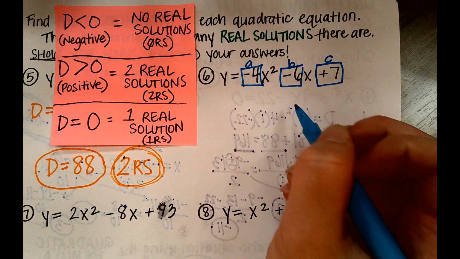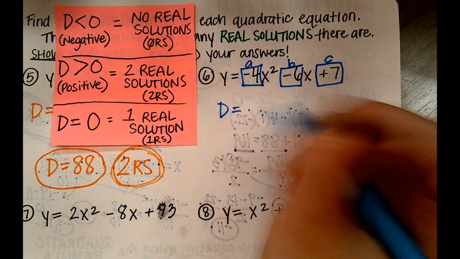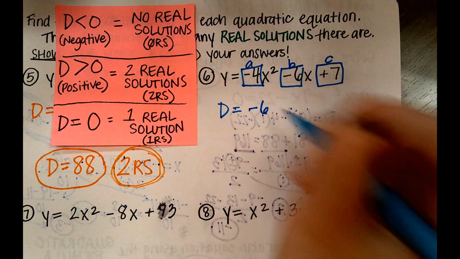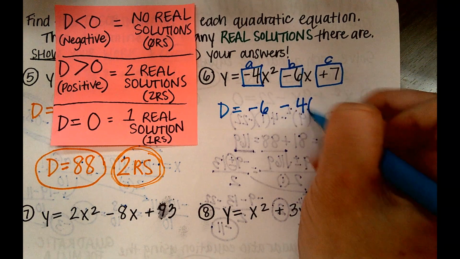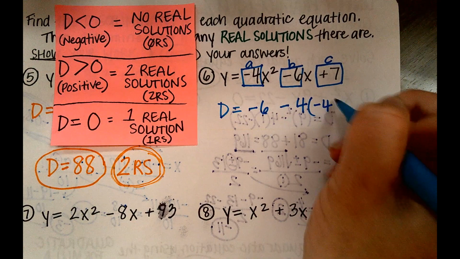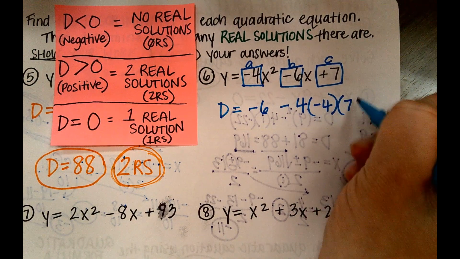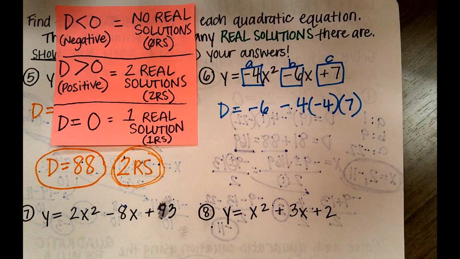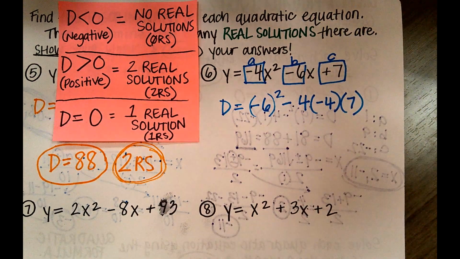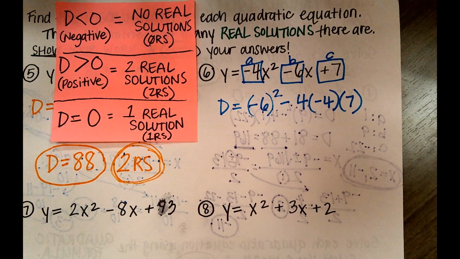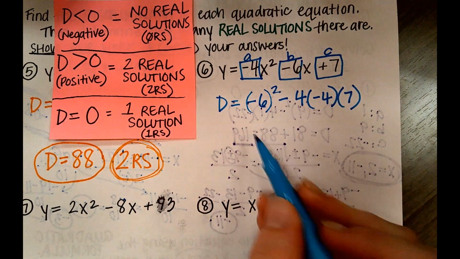D equals -6 minus 4 times -4 times 7. Okay, what are we missing? -6 needs to be squared. Yes, -6 squared. Good. I usually don't do that because I know. That's all right. Okay, D equals now.